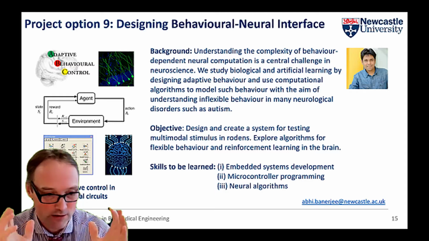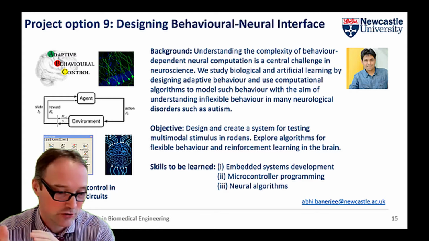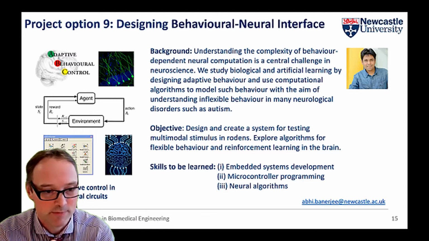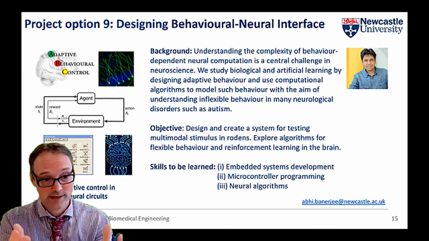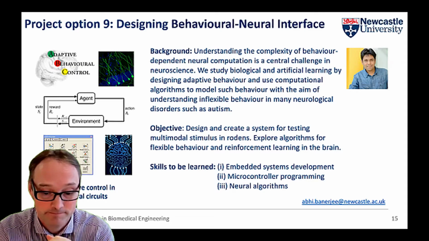When a rat makes a decision, is it based purely on an auditory sense or a visual sense? What happens in their brains as they get multiple stimuli? So Abhishek needs tools to perform these fundamental neuroscience questions.